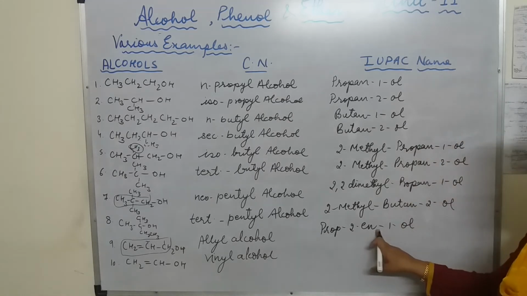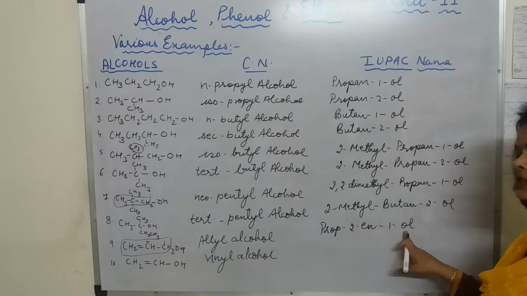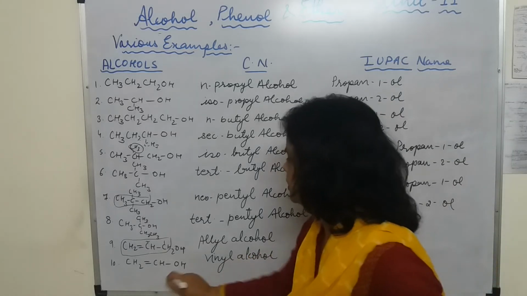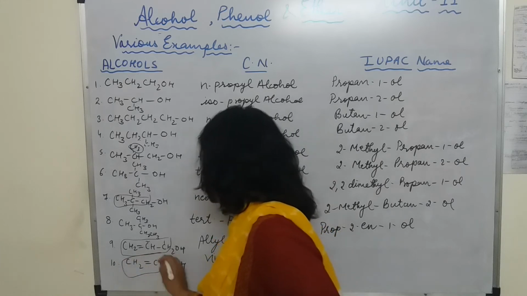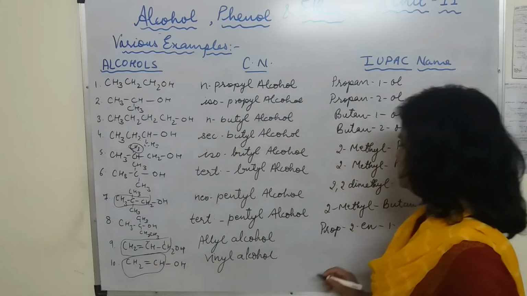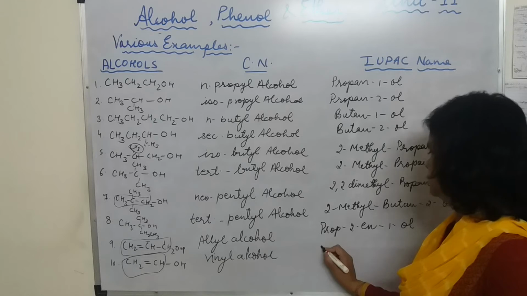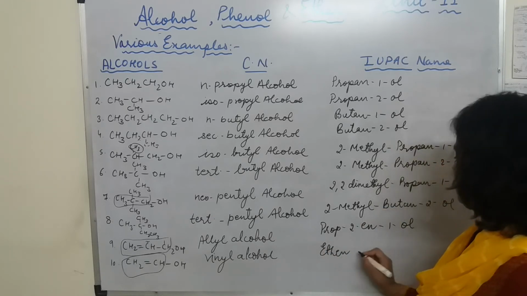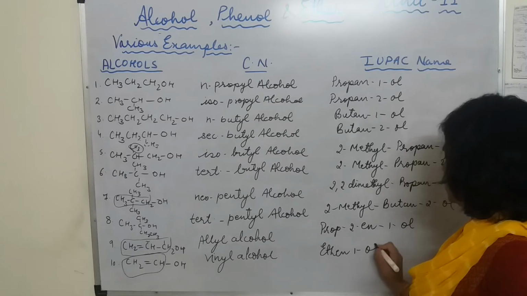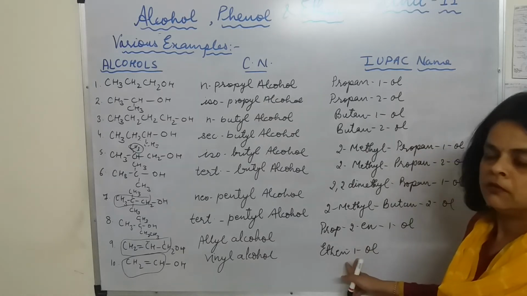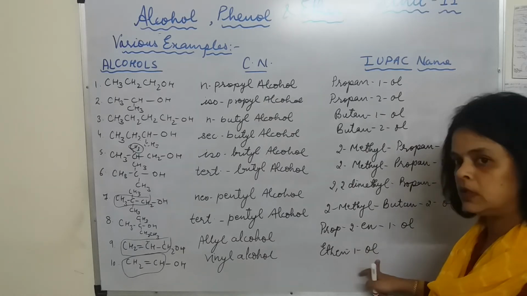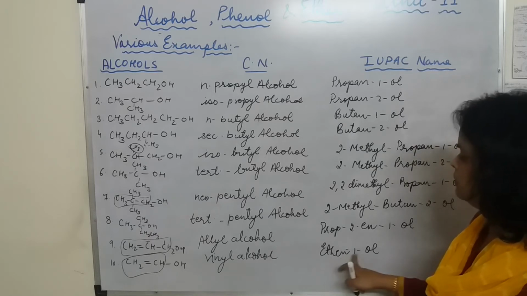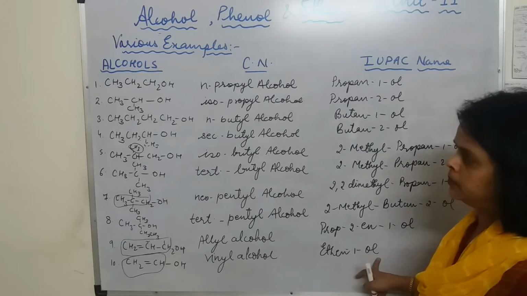We removed this E because the secondary suffix starts with a vowel. Now what is the name of this compound? This is a chain of 2 carbon. So we will write ethene 1-ol. Though if you write ethanol, that is also correct, but ethene 1-ol is more appropriate.